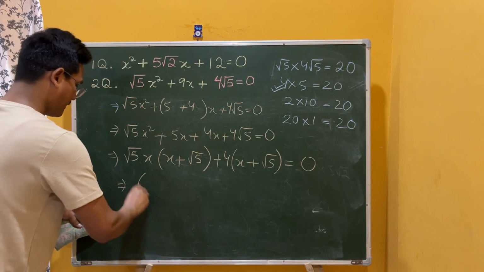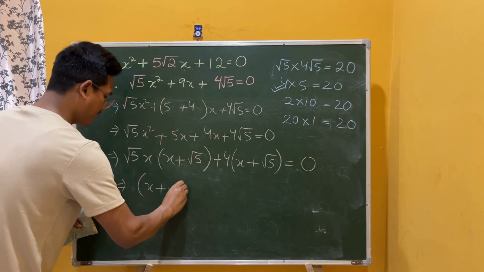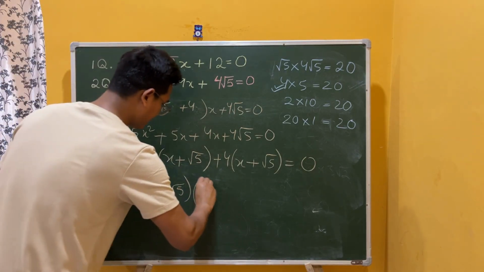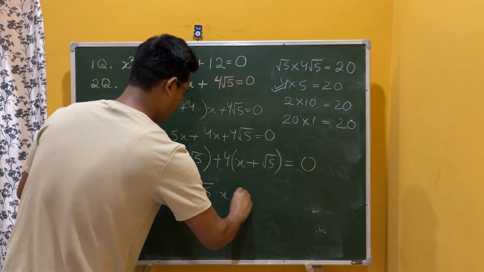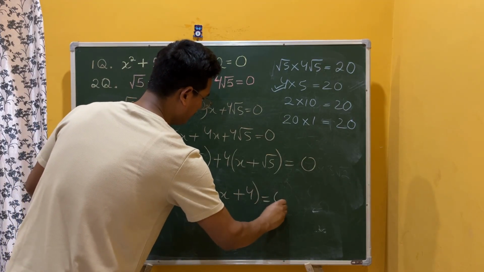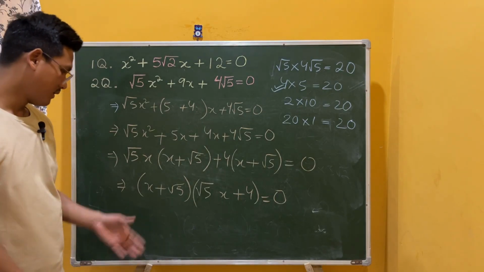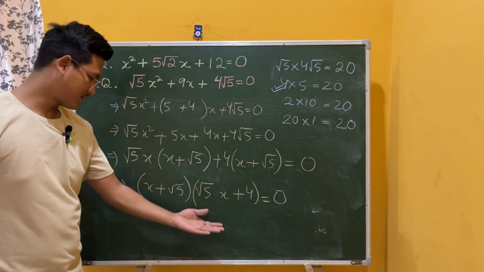So after that, whatever is similar you keep in one bracket, and the rest you put in another. So this is x plus root 5 into root 5x plus 4 equals 0. So I guess from now you can get the values of x.